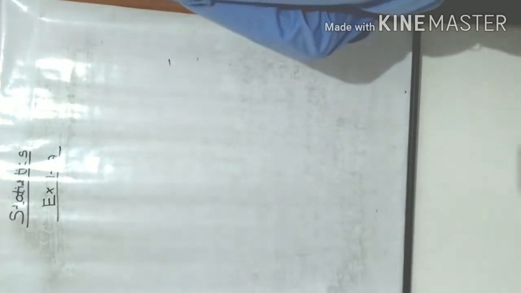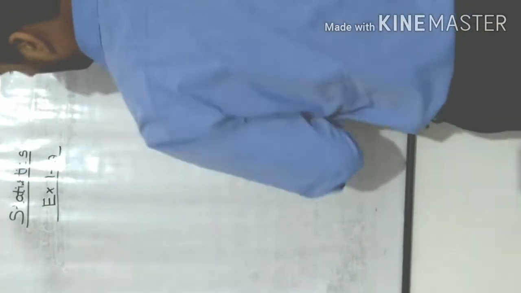Let us see more questions on the exercise. I'm taking the 4th question now. The 4th question is for making a pie chart.